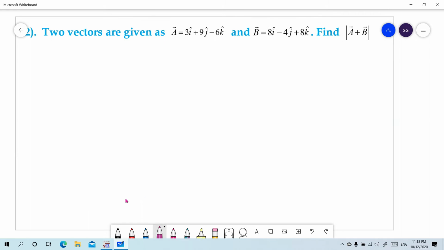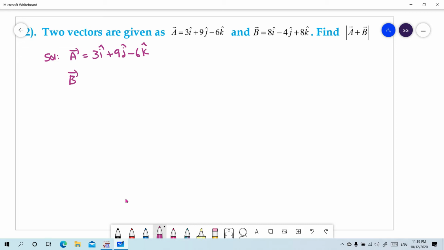Example 2. Two vectors are given as a bar is equal to 3i cap plus 9j cap minus 6k cap and b bar is equal to 8i cap minus 4j cap plus 8k cap. Find modulus of a bar plus b bar. Modulus of a bar plus b bar means magnitude of a bar plus b bar.